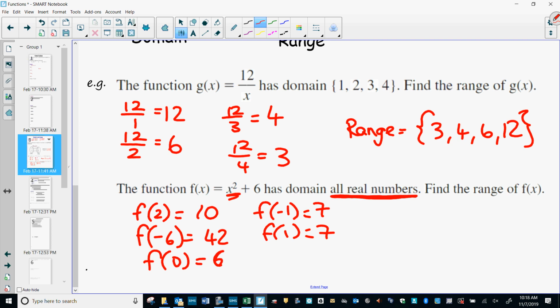Okay? So our range for our function is that our values have to be greater than or equal to 6. We may want to say y. Our range y is greater than or equal to 6. You're comfortable with the greater than or equal to sign? Yes?